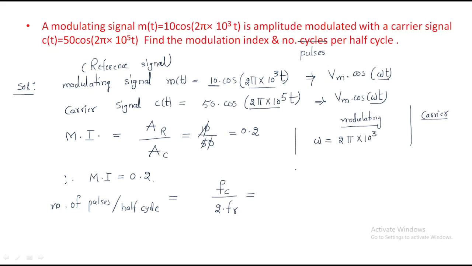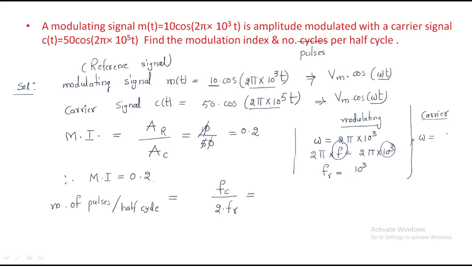2 pi f equals 2 pi into 10 power 3, so f for the modulating reference signal equals 10 power 3.